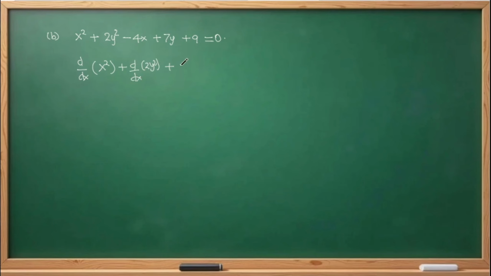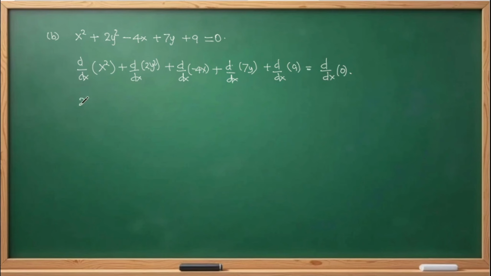The third term, we have d/dx of negative 4x, and somebody can write here negative d/dx of positive 4x, it is the same way. Then we go to the next one, d/dx of 7y, and then d/dx of 9 equals d/dx of 0.